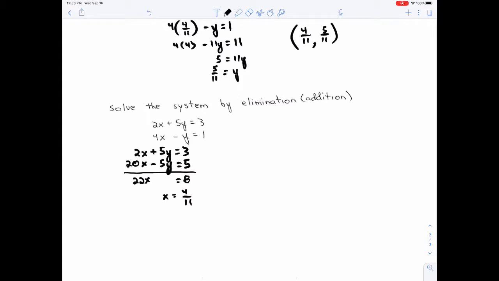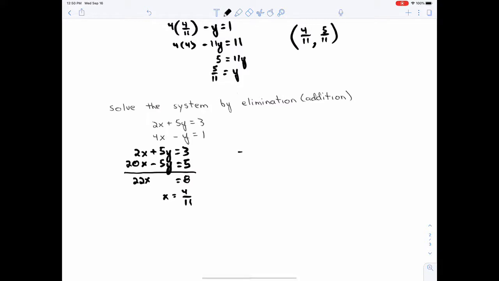But what I'm going to do is do it by addition a second time. Only the first time I got rid of the y's, this time I'm going to get rid of the x's. So what can I get the x's to be? One of them negative 4x, and the other one 4x. So I can leave the second equation alone, and I'll multiply the first equation by negative 2.